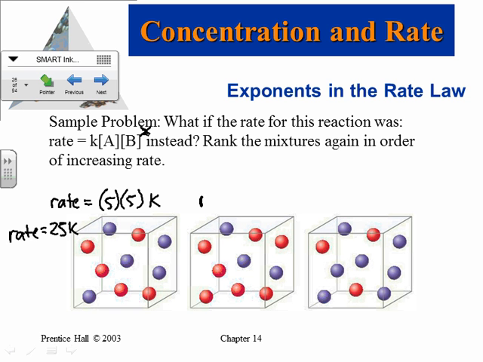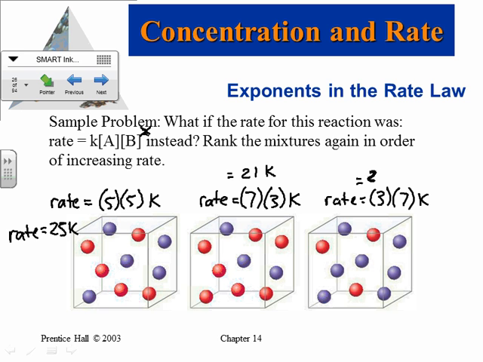The rate on the second one would equal 7 times 3 times k. So that's going to equal 21k. And then this one, the rate would equal 3 times 7 times k, which also equals 21k.